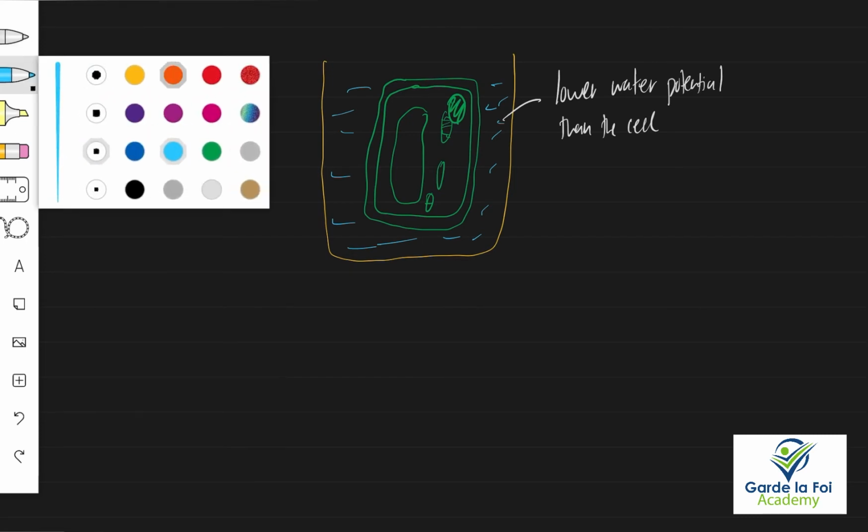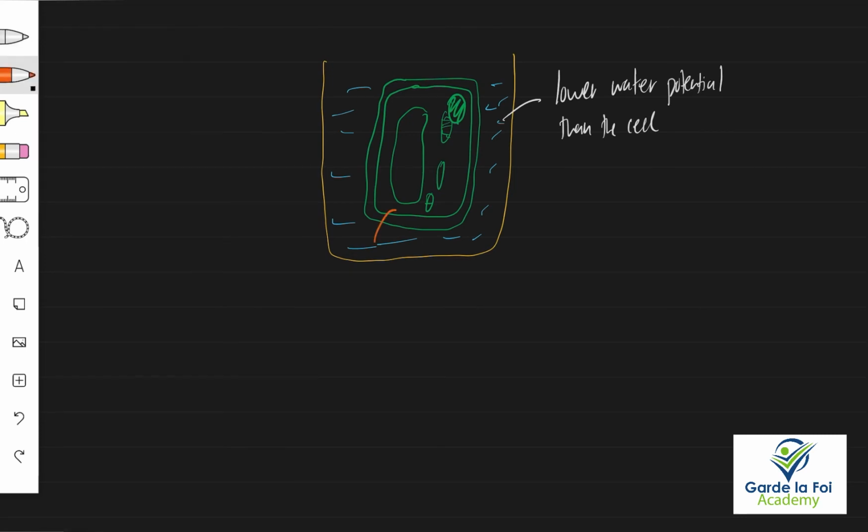We are going to see water molecules moving out of the cell through osmosis. So water moves out of the cell.